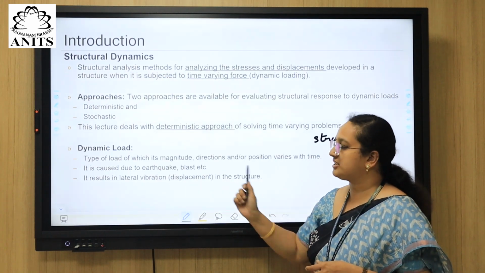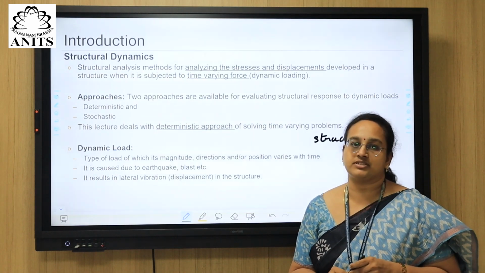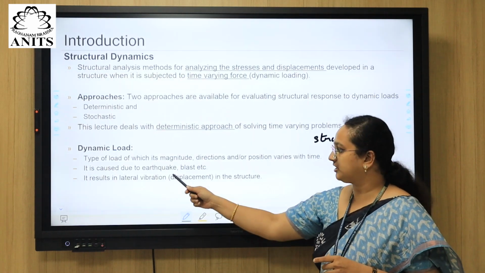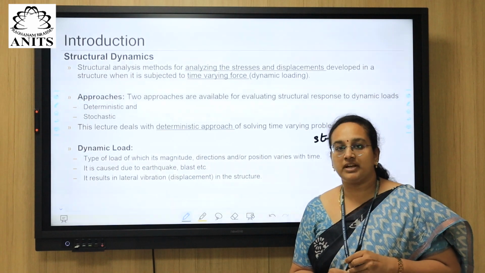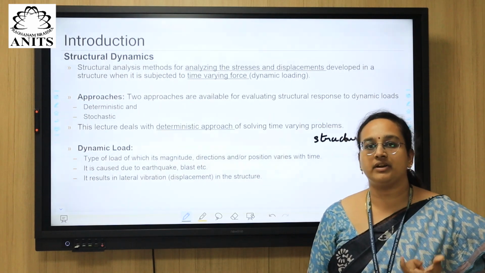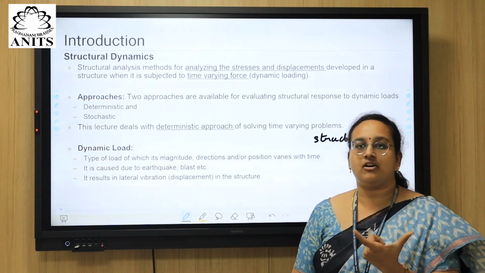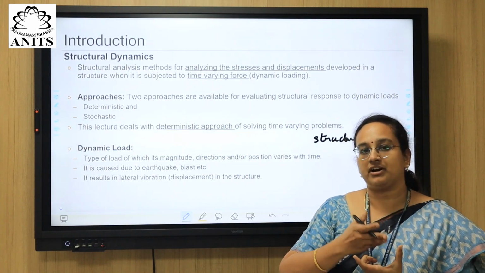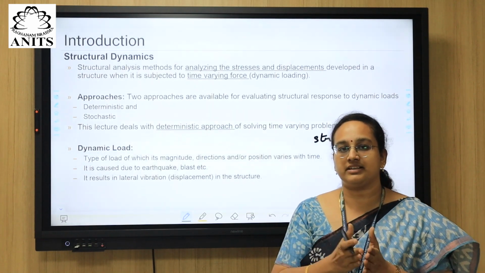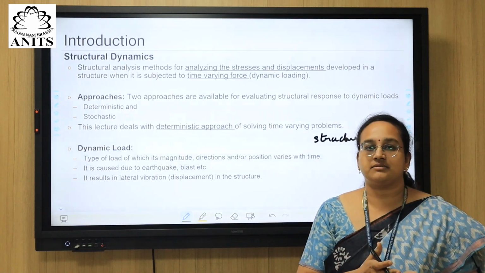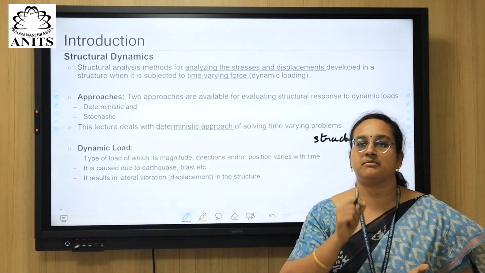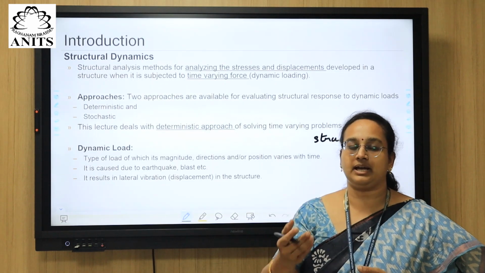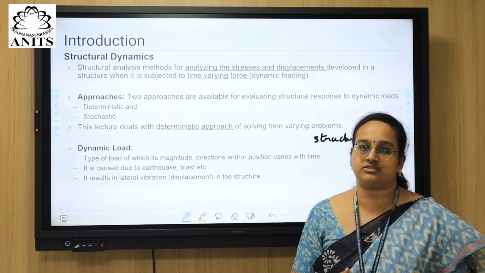Now what is the major cause of time varying forces? The major cause is earthquakes and blasts. So earthquakes are time varying force. An earthquake occurs in 1 minute or max 2 minutes of time. So if you divide the complete 2 minutes, that is 120 seconds, into time steps, we can measure for every second the force that is actually applied or induced on the structure.